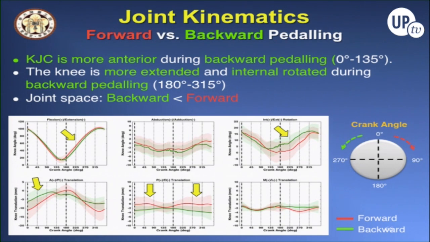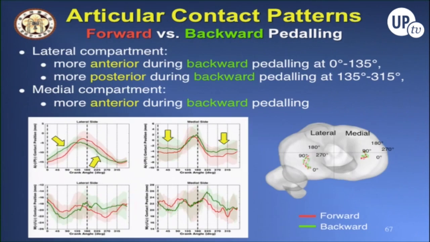So in other words, when you do backward pedaling, it is possible that the contact force, the force transmitted by the articular surfaces, may be much higher than when you do forward pedaling. So this would have a very good indication for people with knee osteoarthritis if they use cycling as a modality to rehab in these patient groups.